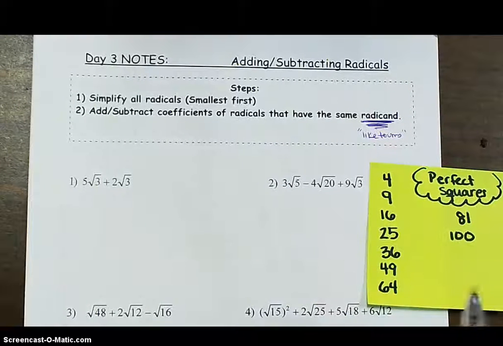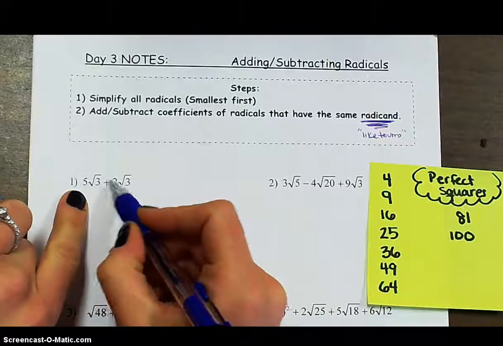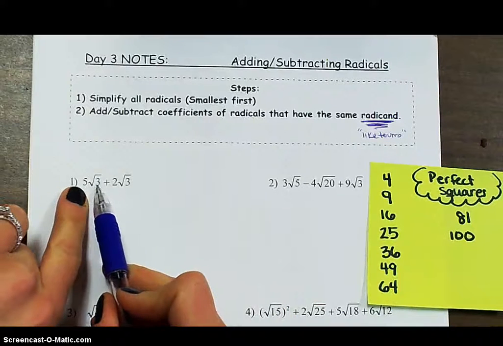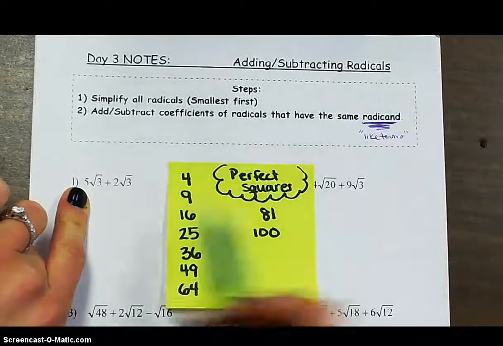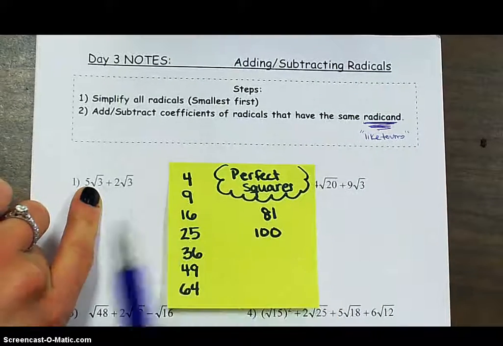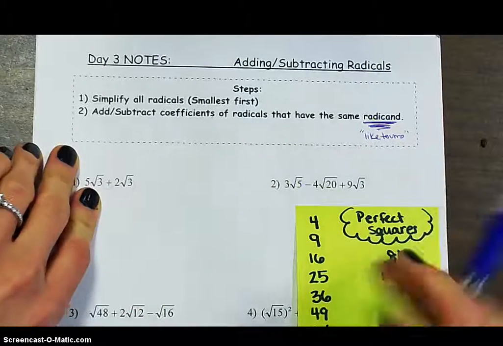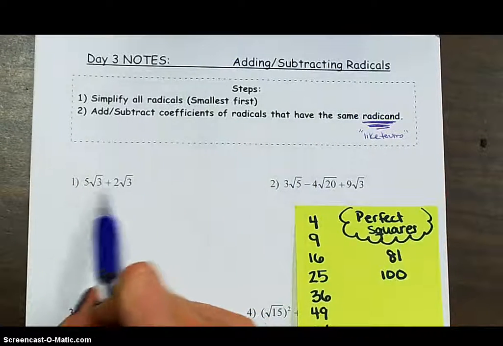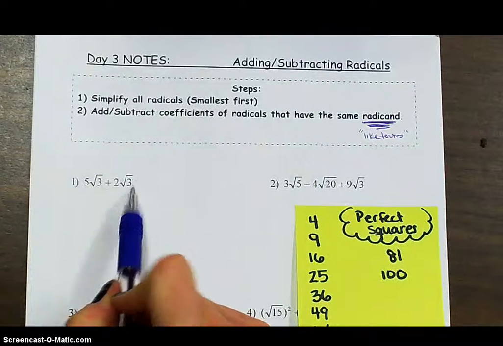So let's go ahead and try this out. Number 1, we are adding: 5 radical 3 plus 2 radical 3. Can we simplify radical 3 with a perfect square, or is that as small as it goes? Well, that's as small as it goes, so we cannot simplify. Now we're going to add these together.